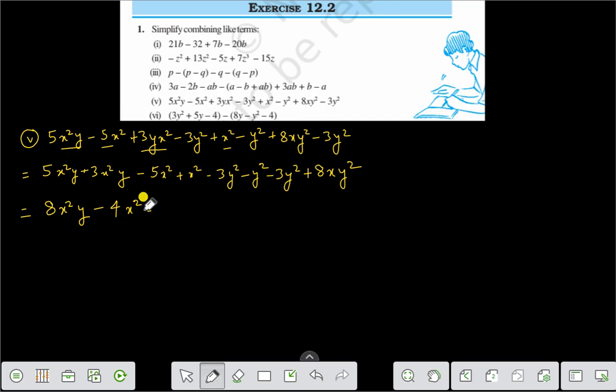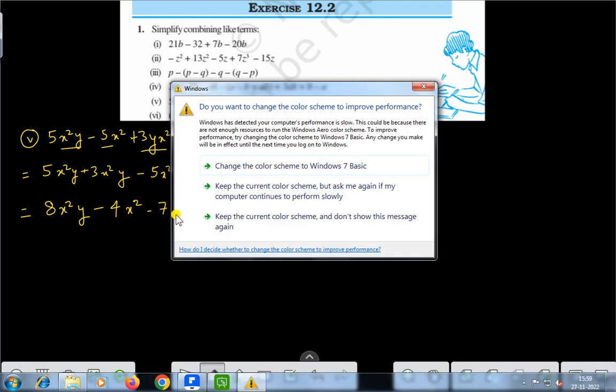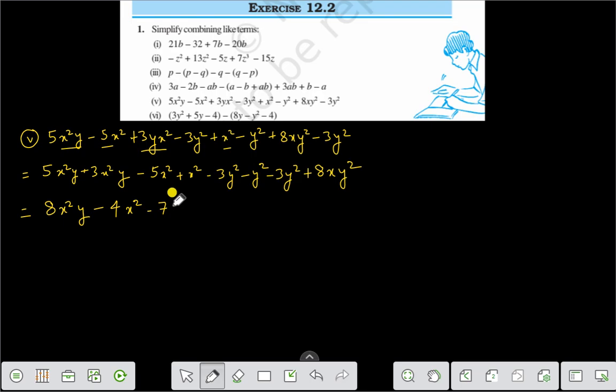Minus 3 plus 6 plus 1 is 7, that is minus 7y square, and plus 8xy square.